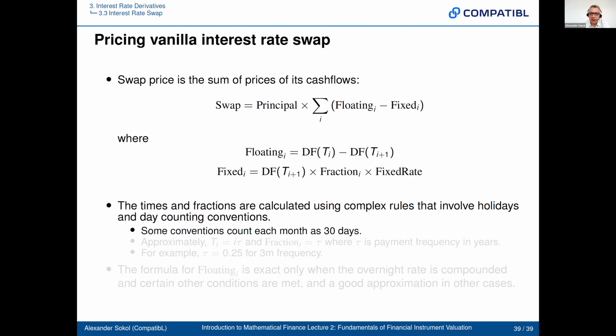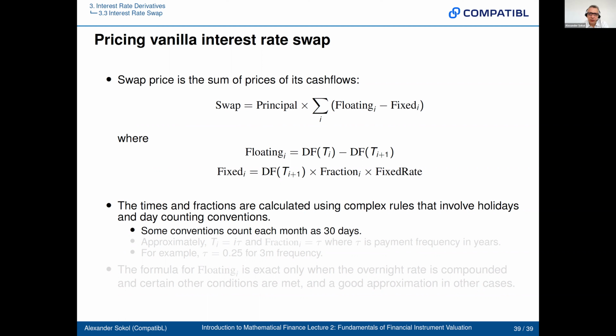First of all, the times and fractions are calculated using complex rules that involve holidays and day counting conventions. Back in the day, where computers were not prevalent and people were literally using abacuses and mechanical calculators to do interest calculations, it was easier to assume that every month has exactly 30 days.